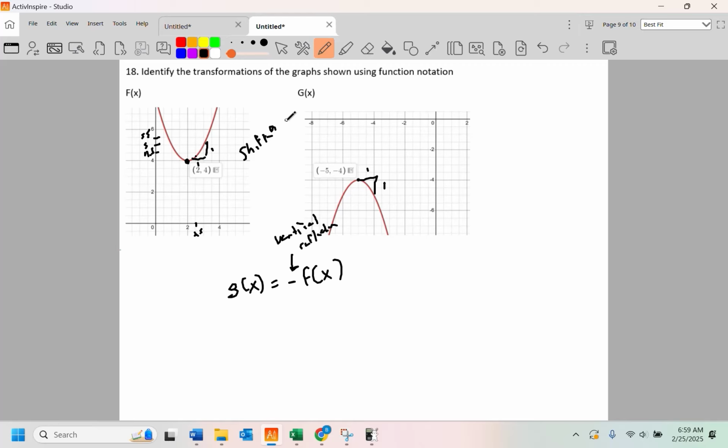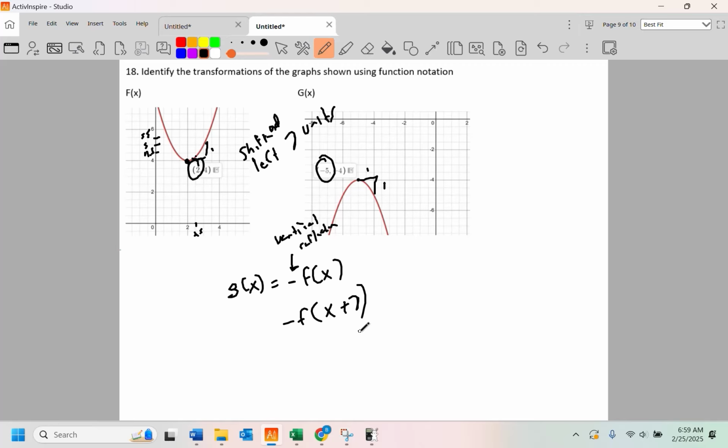I went from an x value of 2 to an x value of -5. I've shifted left 7 units, right? Went from 2 to -5, 7 units. Now, how do I do that inside? Well, to shift left inside, I don't subtract 7, I add 7. And that'll do it. That is exactly what happened.